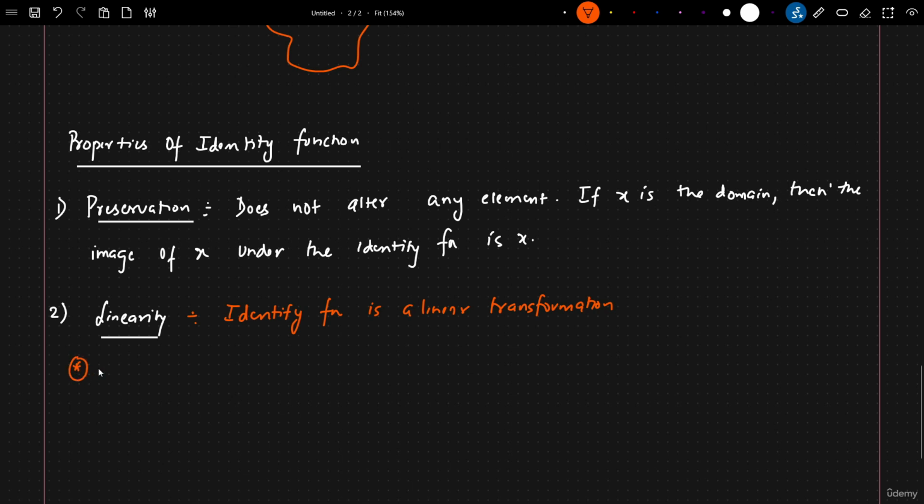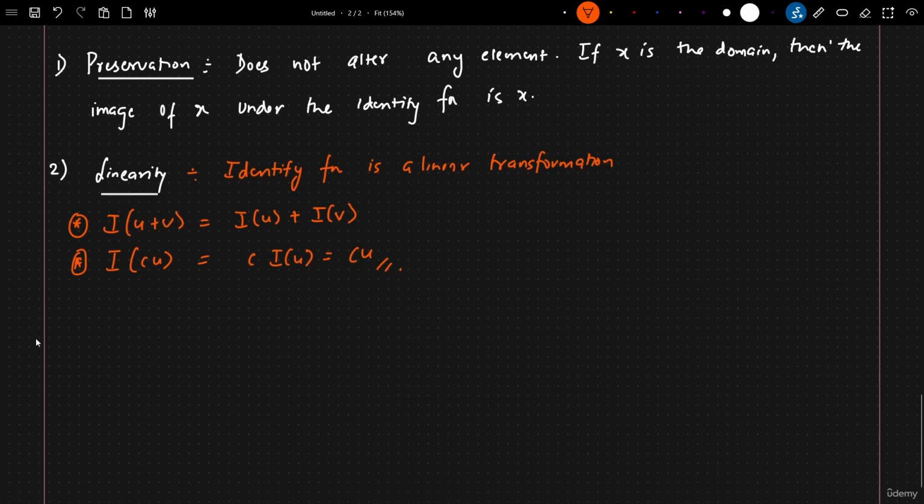So when I say identity function is a linear transformation, I can write I of u plus v is equal to I of u plus I of v. I hope everybody remembers this, right? This is additivity. The second condition is homogeneity: I of c u is nothing but c times I of u, which is equal to c u, right? So this is also satisfied.